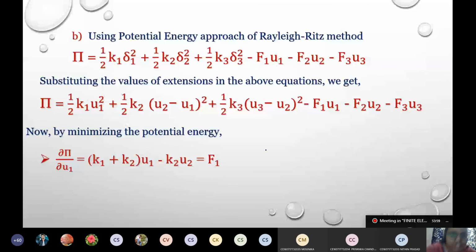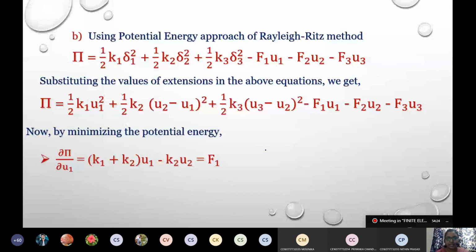Do the partial differentiation for equation 2 also. That is dou pi by dou U2, and equate it to 0. Do all the three, and the only thing you have to do after you do all the three differentiations is compare with the answers that we have got in the direct approach and check whether it is the same or not.